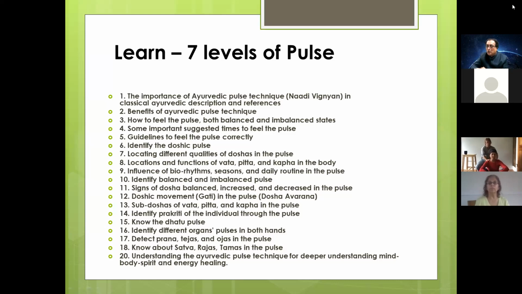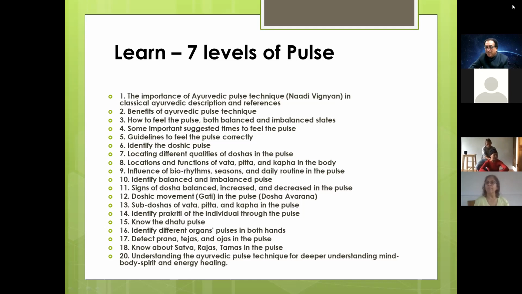We also have to take that into consideration when feeling the pulse. Increase and decrease of the conditions also, and the seasonal influence. In the spring season, you will see the predominance of kapha dosha. In winter, more vata dosha is dominant. In summer, more pitta dominance is there. Influence of the daily routine is also there.